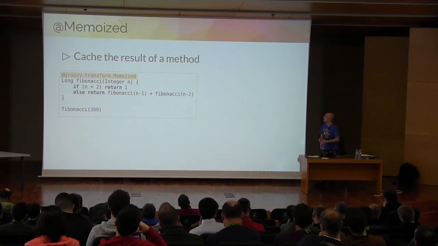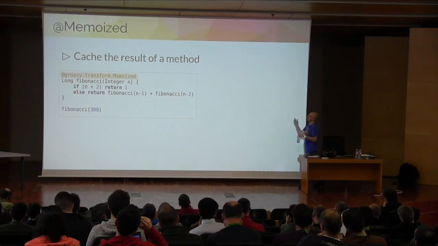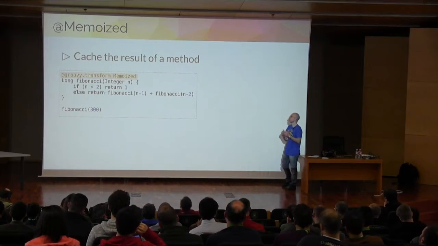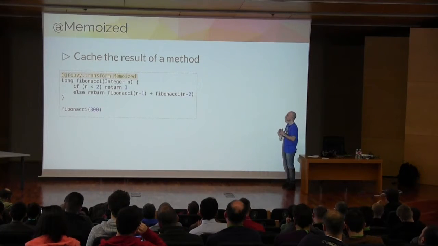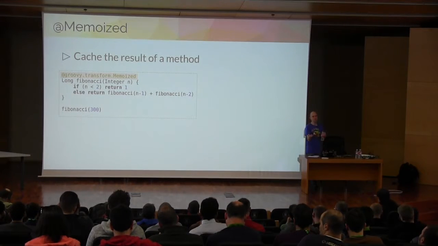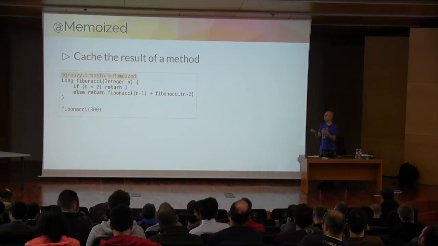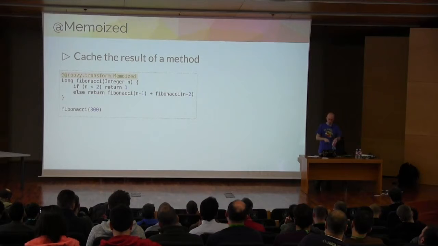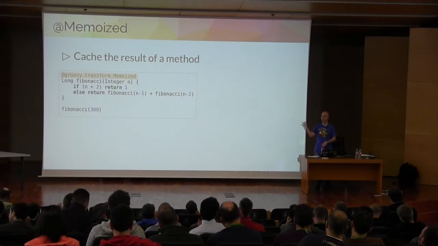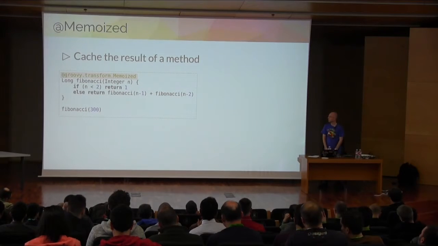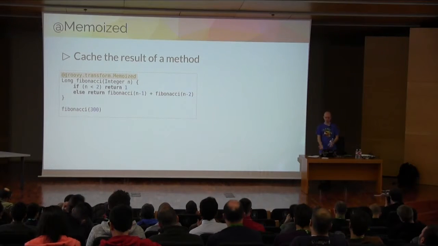And these kinds of algorithms are useful, or we can use this annotation with these algorithms, because whenever we calculate a new Fibonacci number, we are going to need to calculate all of them multiple times. So I did a test on this laptop, and without the annotation, calculating the Fibonacci number for the number 40 takes more than 10 seconds.